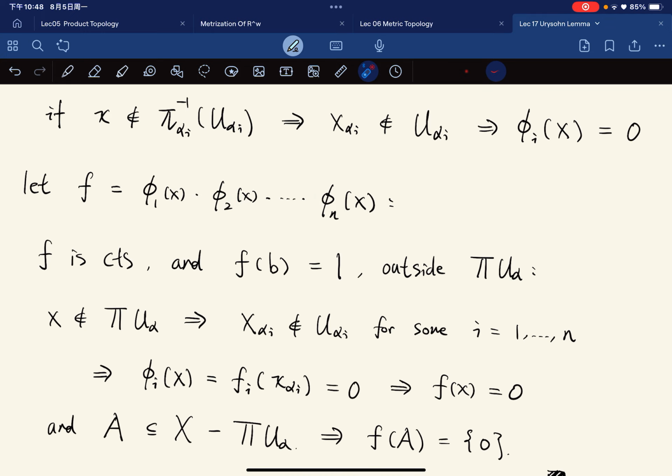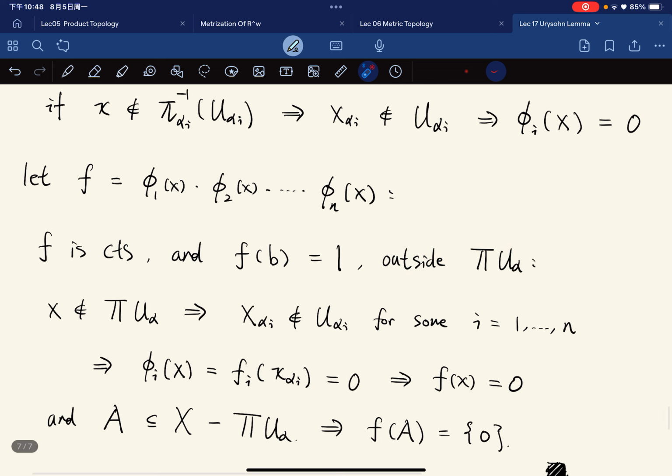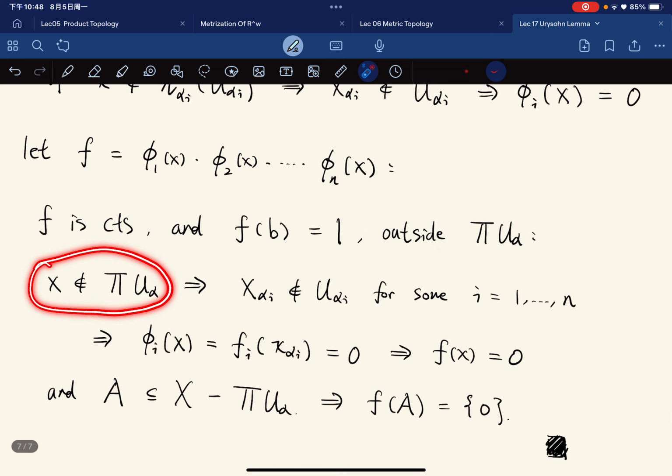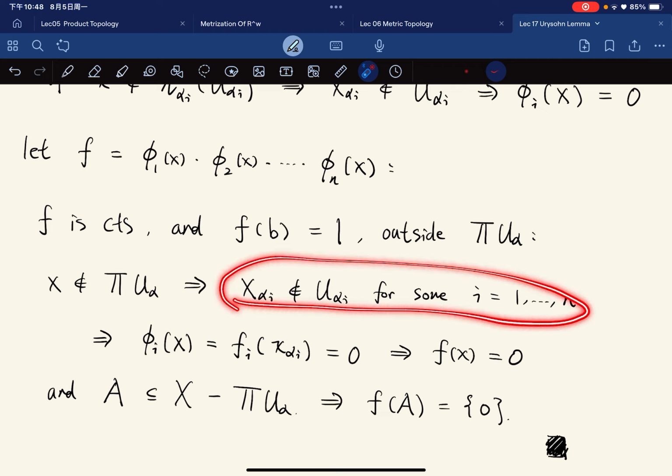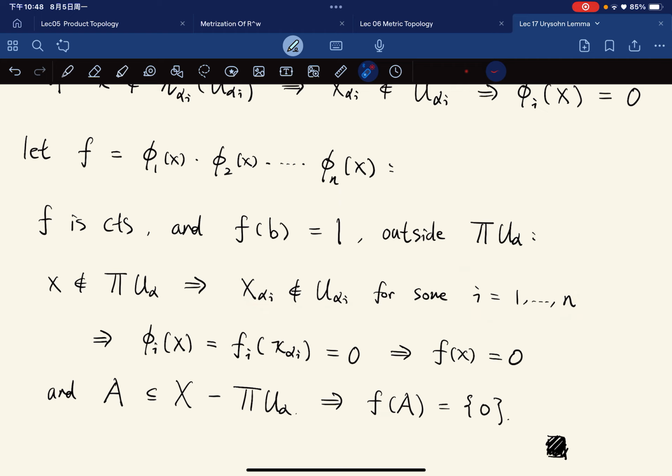And outside of this open set, in the closed set X minus the product of U alpha, we have that x is not in the U alpha i's for some i. This is true because for those U alpha that are equal to the entire space, we can't say anything.